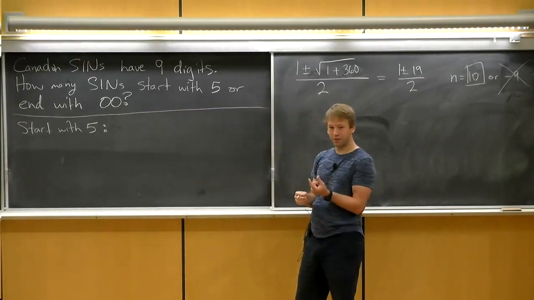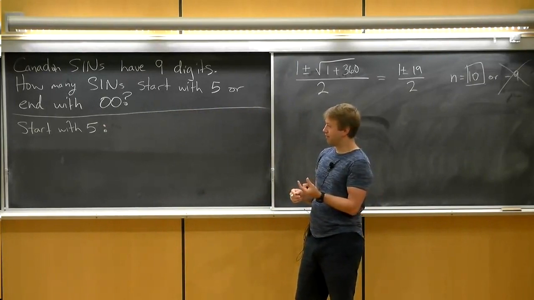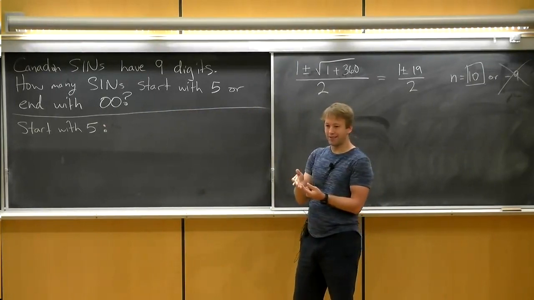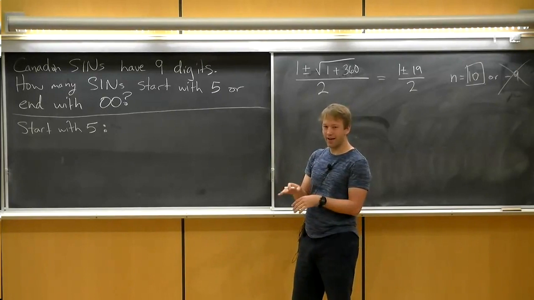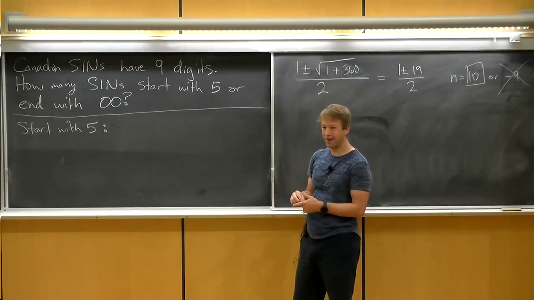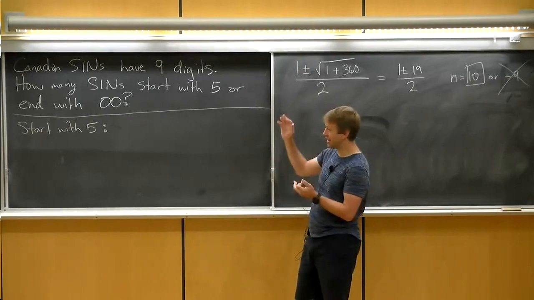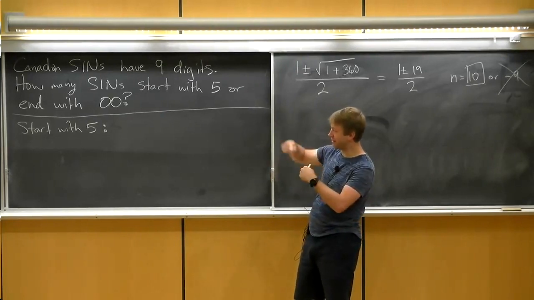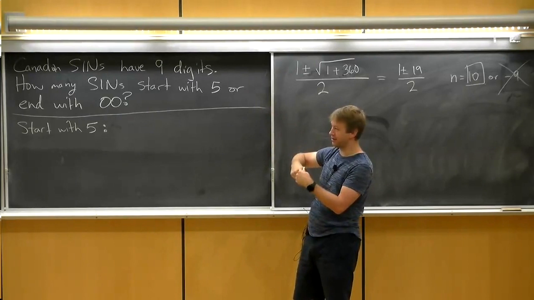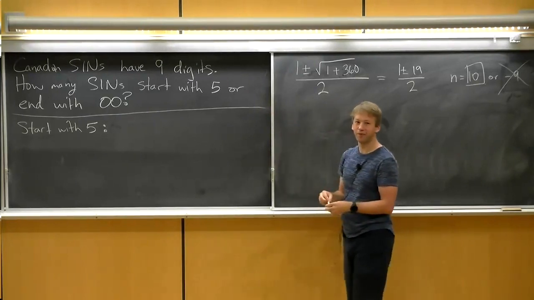So if I know it starts with a 5, how many choices are there for the next number, let's say? All the numbers can repeat. Technically 10, because you've got the numbers 1 to 9, and also you have 0, so that gives you 10.